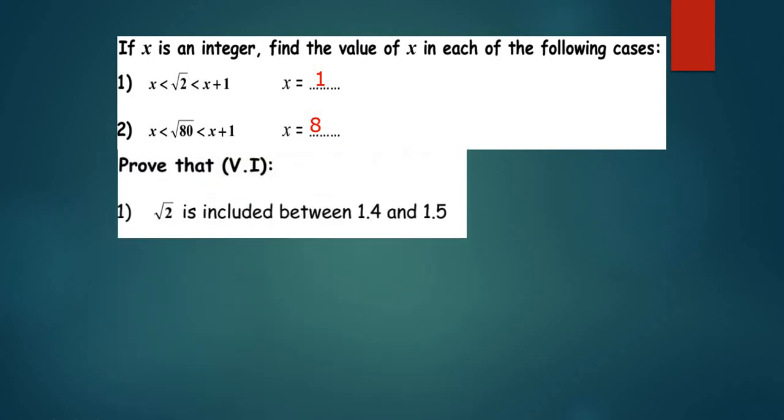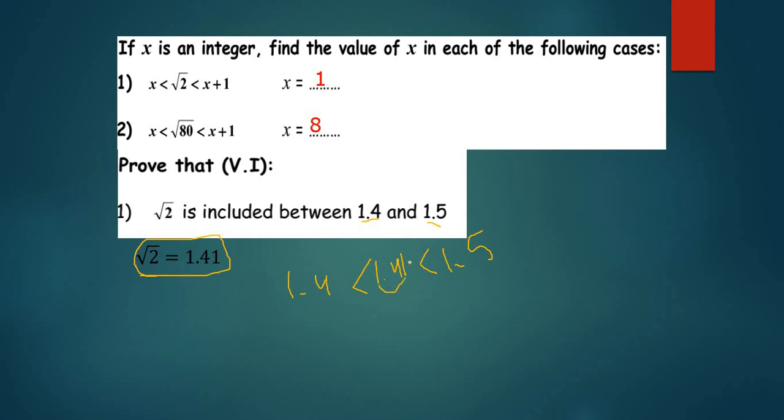Prove that root 2 is included between 1.4 and 1.5. It's too easy. First, we put root 2 in decimal form. Root 2 equals 1.41. 1.41 is bigger than 1.4 and less than 1.5.